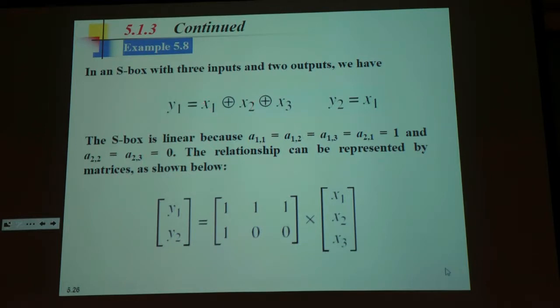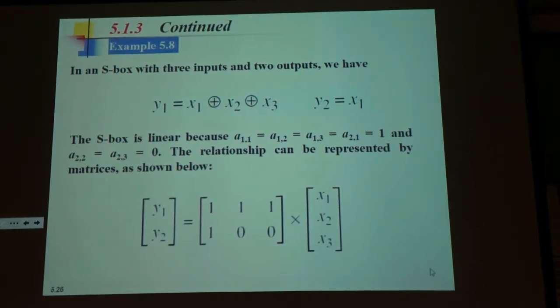X1, X2, X3. What are the outputs? Y1 and Y2. For Y1, I'm using this formula: I XOR X1 with X2 with X3. And for Y2, I'm using X1 only. That's why there is no guarantee that the input will have the same number of ones as the output, because it's not a transposition, it's substitution. We're changing the whole values, right?